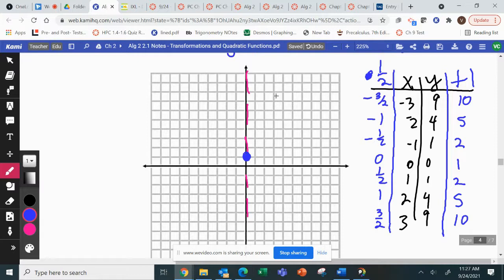So I'm going to graph -3/2, which is -1.5, 10. -1, 5. -1/2, 2. Now, I only need 5 points. I got 7. There's nothing wrong with having more than you need. But now I can connect those and draw a decently accurate U shape here.